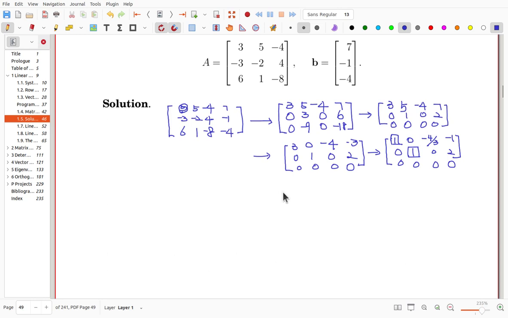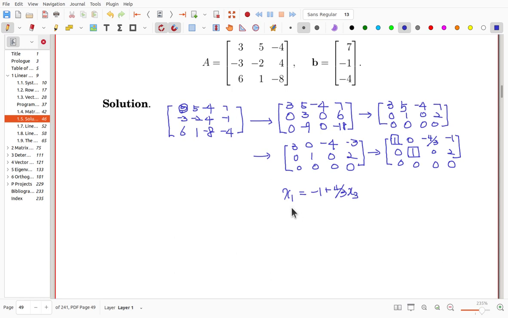Of course x1 and x2 are basic variables, and x3 is the free variable. So x1 equals: constants and the free variable go to the right side. The constant is minus 1; moved to the right side, it is the same as 4 over 3 x3.